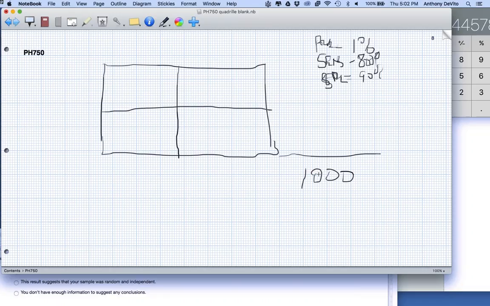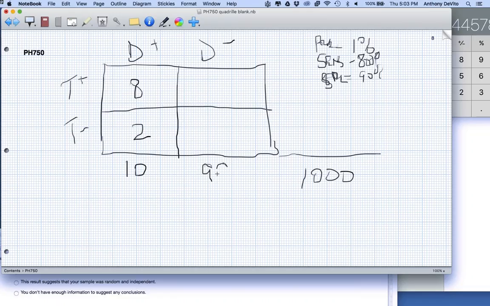So let's take a look at what happens with my 1,000 people. Out of my 1,000 people, how many actually have the disease? Well, only 10, because it's only 1% of the population. If I get it right 80% of the time, 8 out of the 10 people that have the disease will test positive. 2 people will test negative.